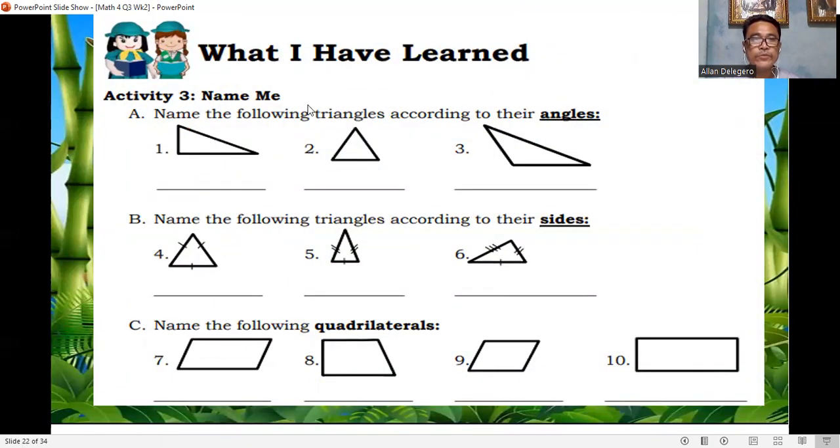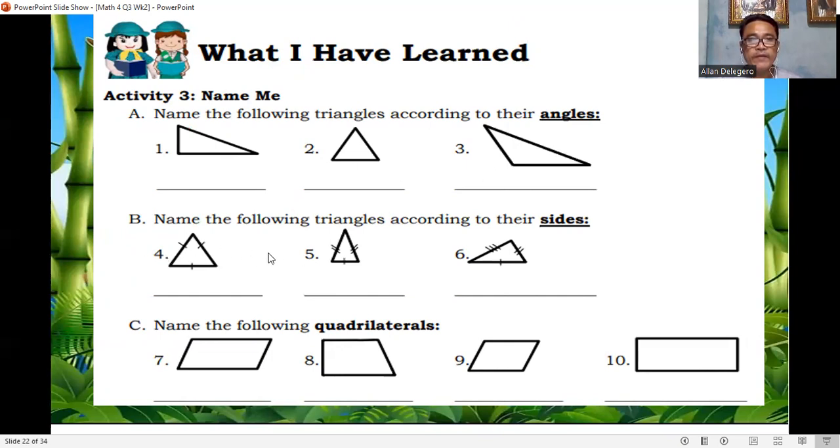Let's do activity 3. Name me. Letter A. Name the following triangles according to their angles. Number 1. Number 2 and number 3.